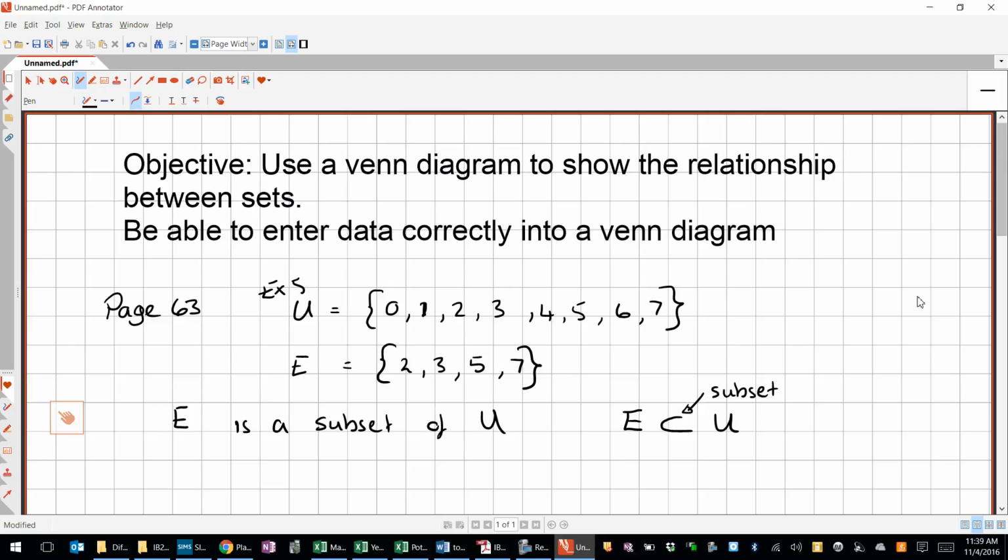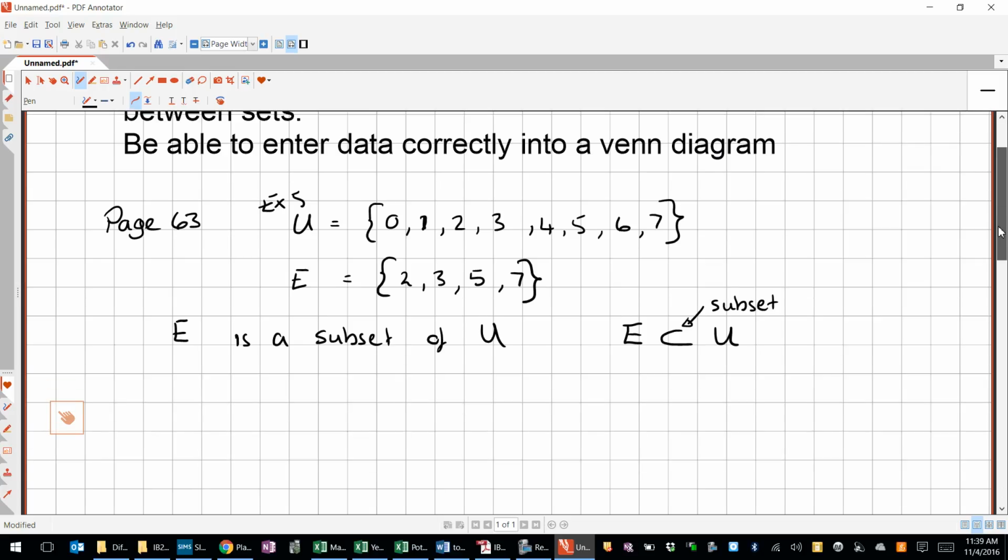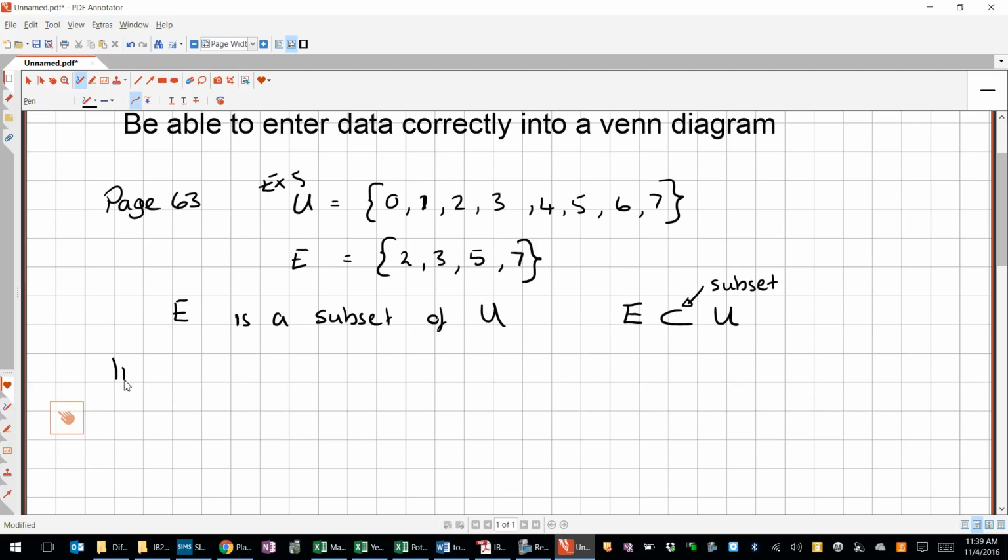So this example says list the elements. You all know what we mean by elements, don't you? Yes. Things that are in the set. List the elements of E dash. So E dash. Well, do you know what that symbol means?